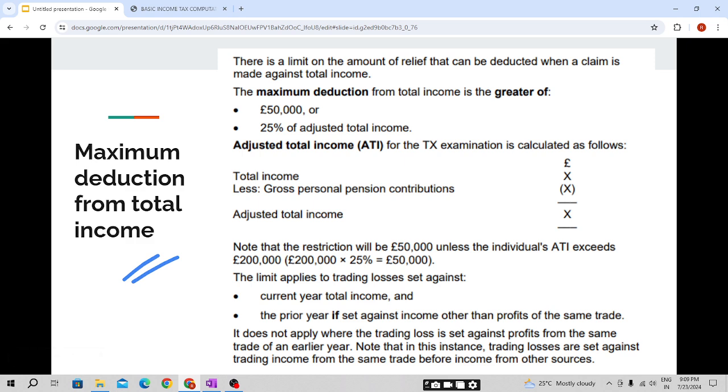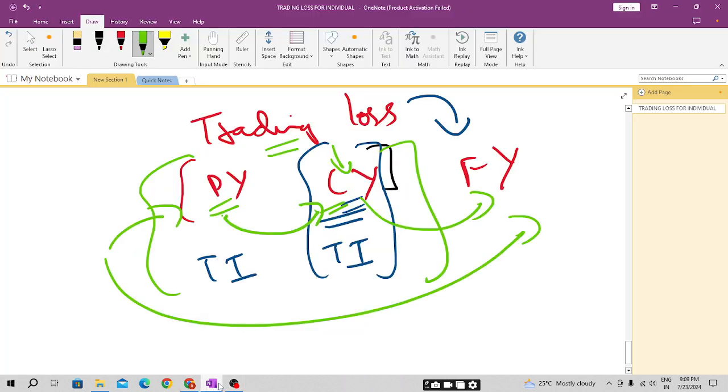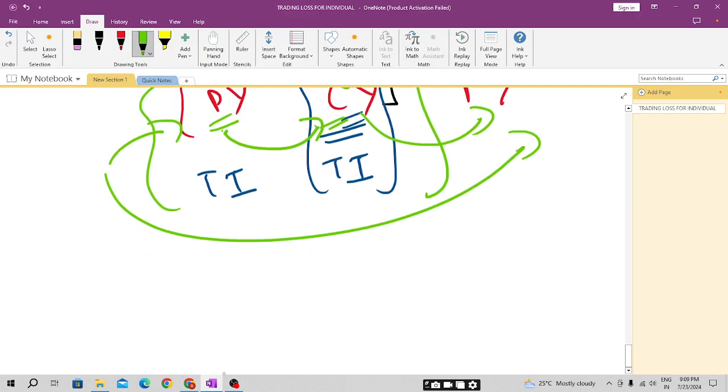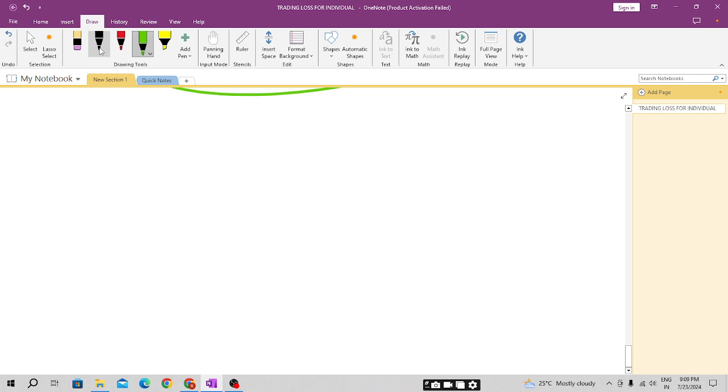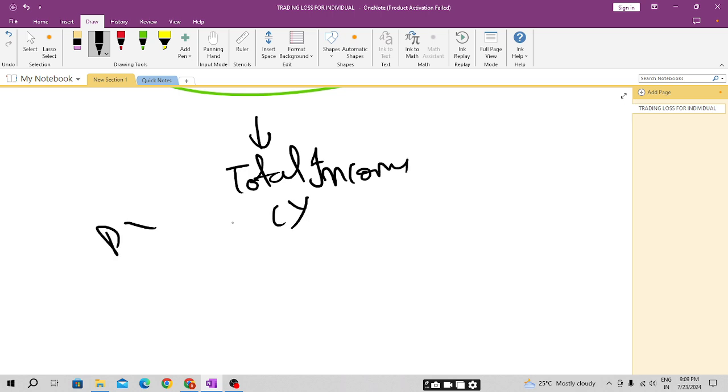What is the maximum amount we can deduct from the total income? Students, we can set off the loss against the total income of current year or previous year, or if we do not select this option, directly carry it forward for the future years.